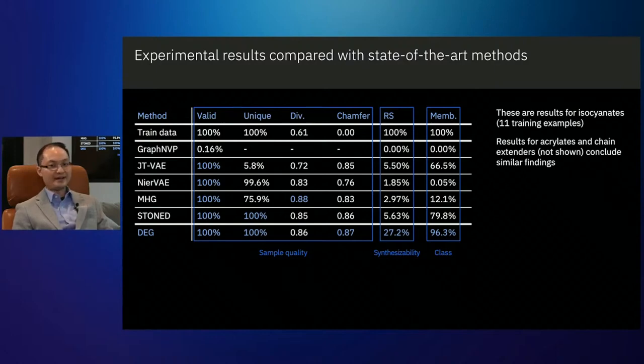So when we compare them, we look at various different metrics. For example, how many of them can be synthesized is definitely one thing that we focus on. But additionally, we also look at other metrics. For example, existing generative methods treat the training set as a distribution.